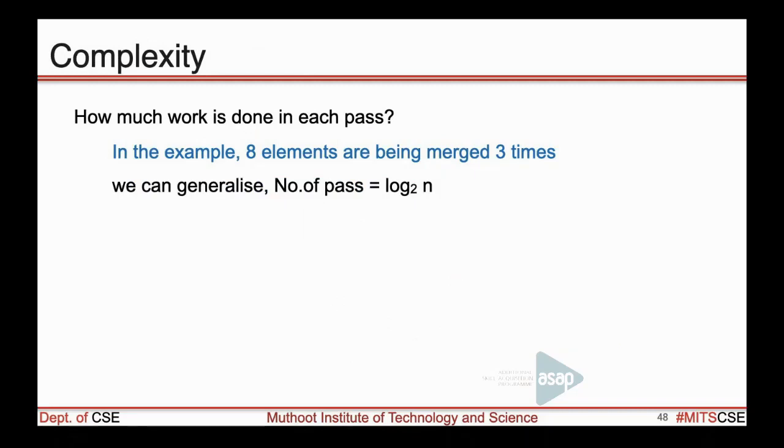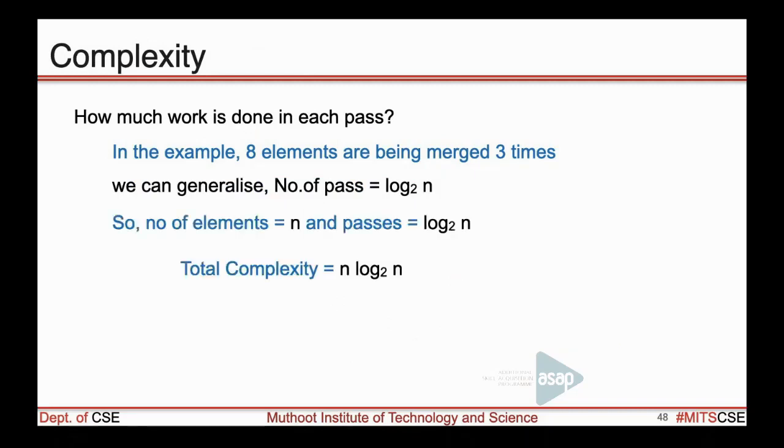That is, log 8 to the base 2, which is equal to 3. Also, n is the total number of elements and log n is the total number of passes. So the total complexity is equal to the number of elements times the passes, which comes to n log n. So that is the complexity of the algorithm.